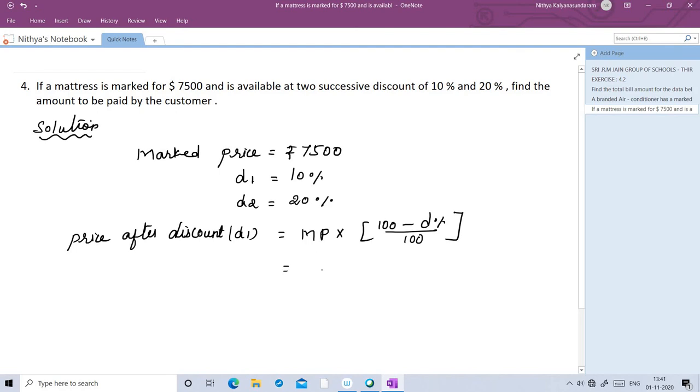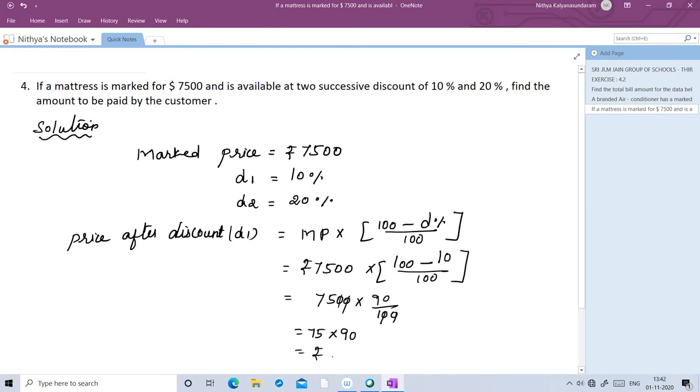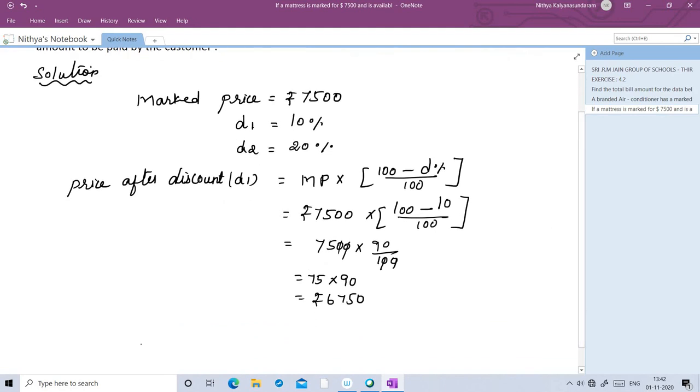The marked price of the mattress is rupees 7,500 into 100 minus 10, which is 90, by 100. Cancel 2 zeros: 75 into 90 is rupees 6,750. So this is the price after the discount of 10%.